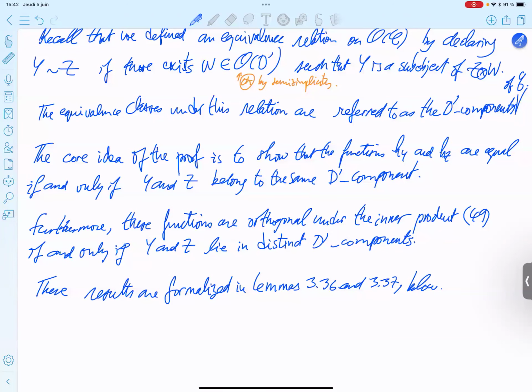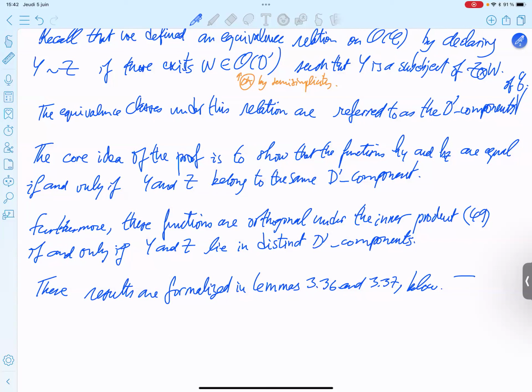But if you consider only the distinct ones, then they are linearly independent. In fact, they are orthogonal. And they are indexed by the D prime components. So you get the result. The rank is exactly the number of D prime components.